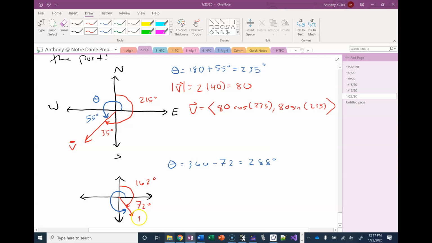If I call this vector u, the magnitude of u is 3 hours at 55 nautical miles per hour, so 165 nautical miles. So vector u is 165 cosine 288, comma, 165 sine 288.